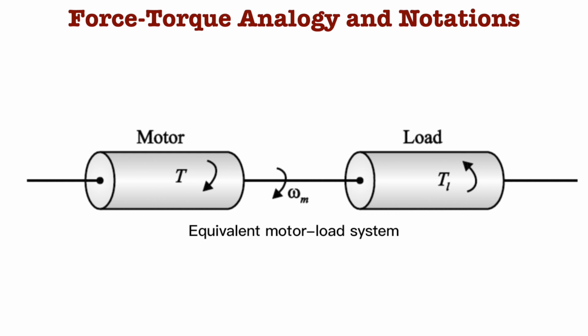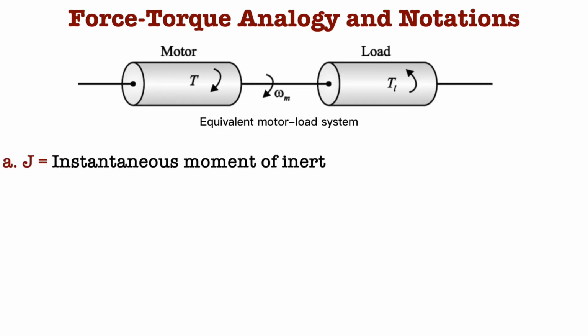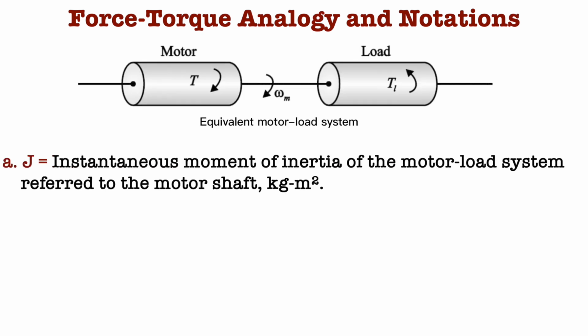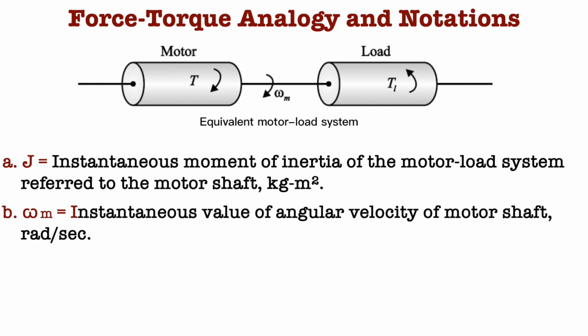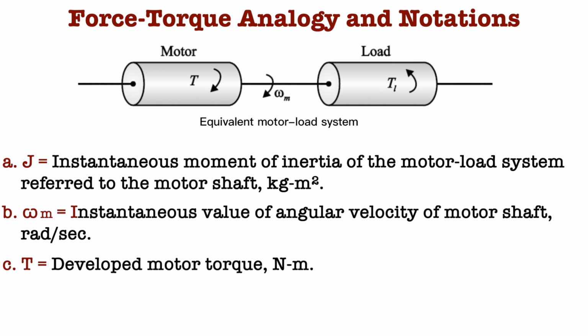Let us see what the various notations are. Here J is the instantaneous moment of inertia of the motor load system referred to the motor shaft. Omega m is the instantaneous value of the angular velocity of the motor shaft. T is the developed torque by the motor.